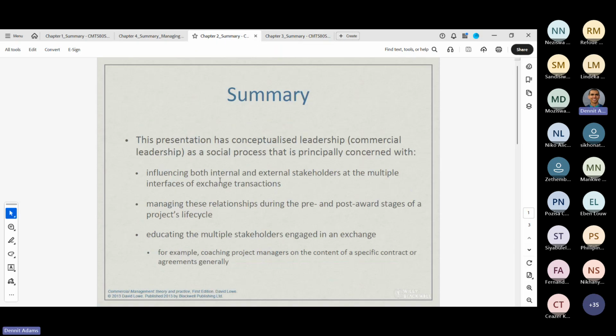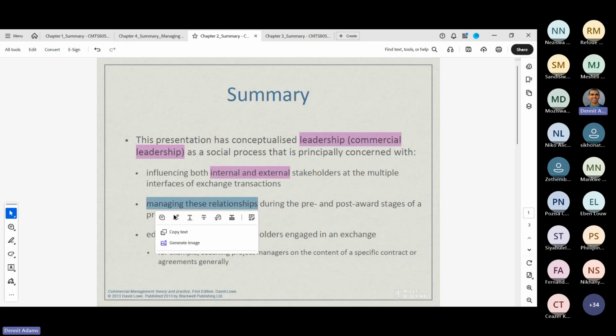Chapter 2, we spoke about leadership. So commercial leadership, principally concerned with influencing both internal and external stakeholders, multiple interfaces. So how you manage these relationships pre and post award stages of the project's life cycle.